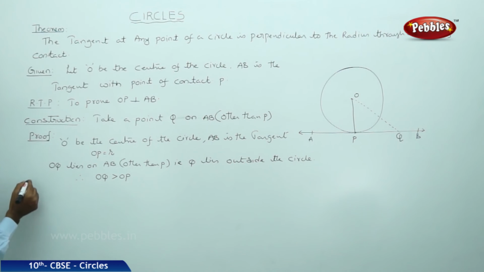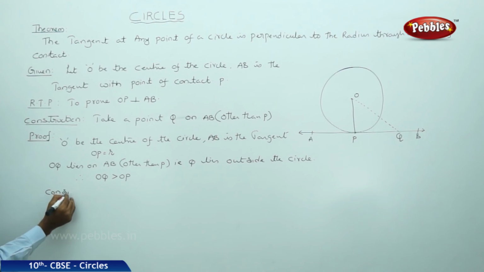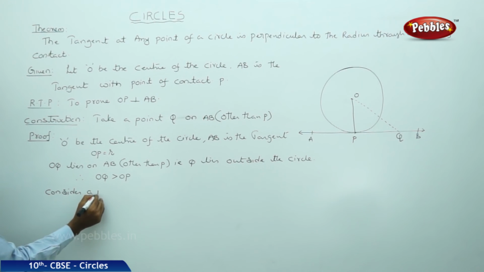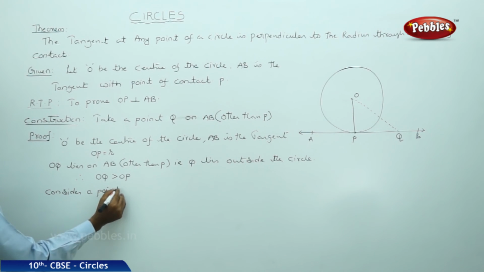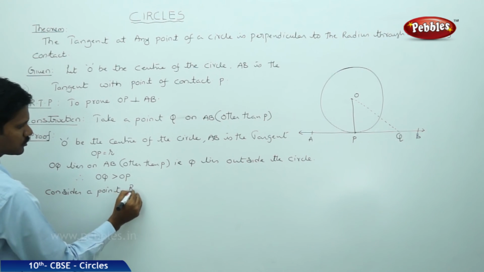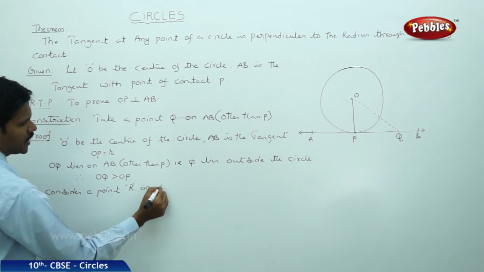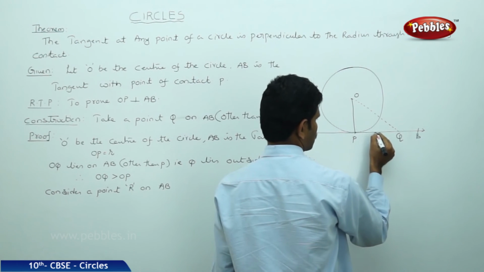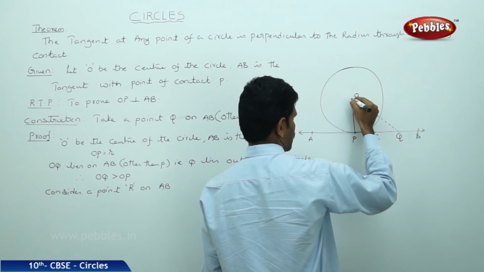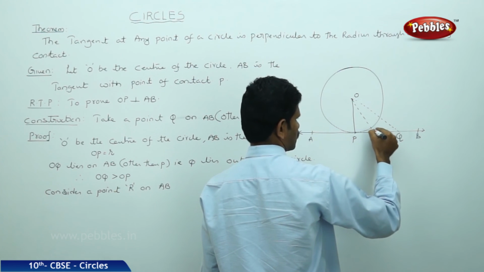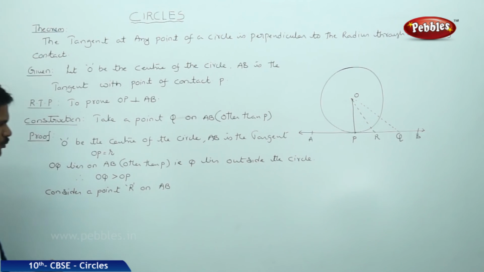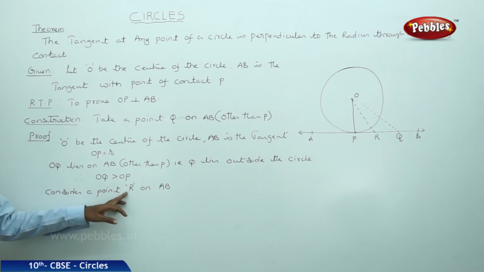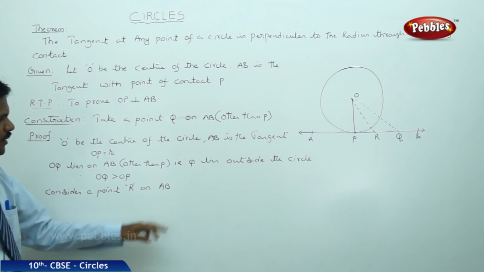Now similarly, let us consider a point R on AB.